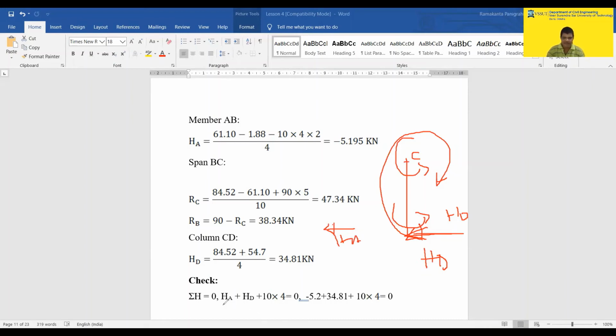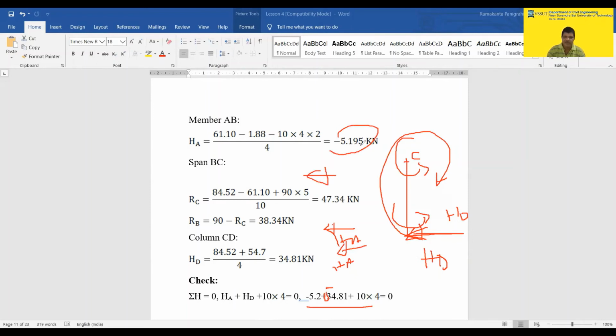Now sigma H: HA plus HD plus 10 into 4 is equal to 0. So if you combine the values of HA and HD, that should be equal to this. HA is minus, which means it will be in this direction.